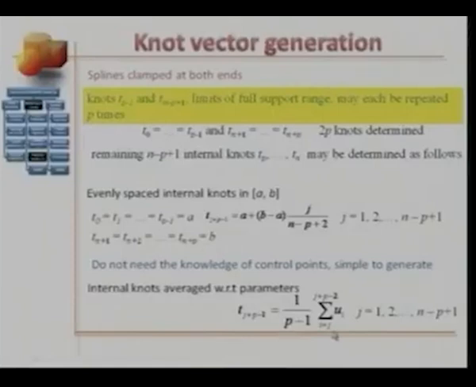Let's verify if this is really the case. Let's say for the first value of j equals 1, we have in the summation i going from 1 up till p minus 1, u of i, this index i will be going from 1 to p minus 1.